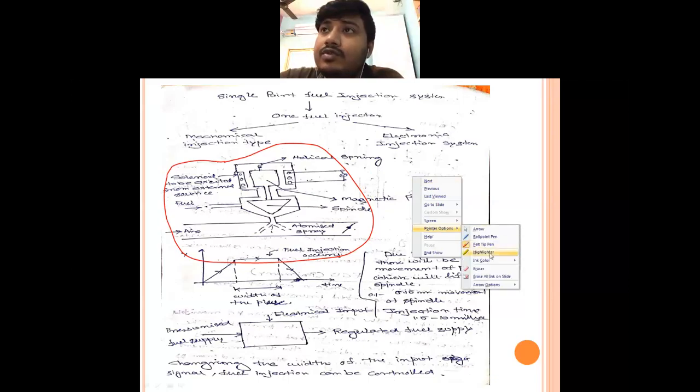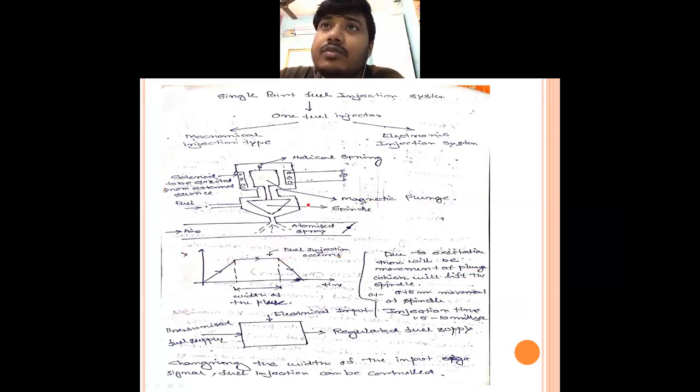So क्या है? So let me show you. Let me tell you. So इधर है एक mechanical plunger, then इधर है एक spindle, then it is the solenoid. It is a solenoid that is to be excited from an outer source. Okay, then it is the inlet of the fuel.